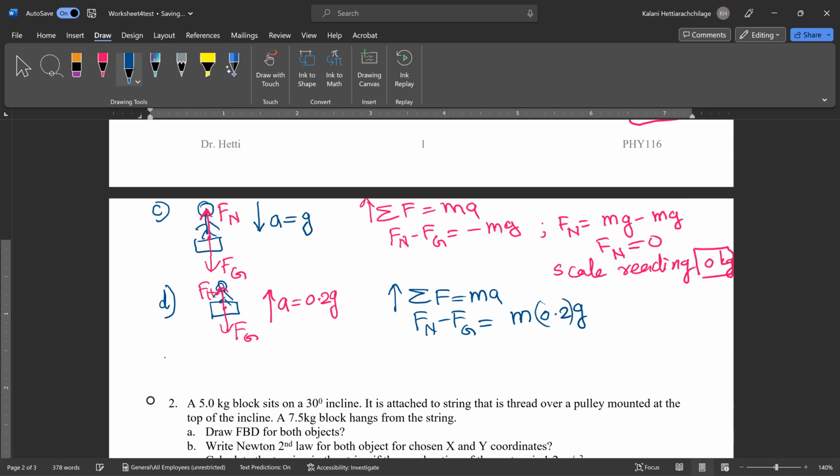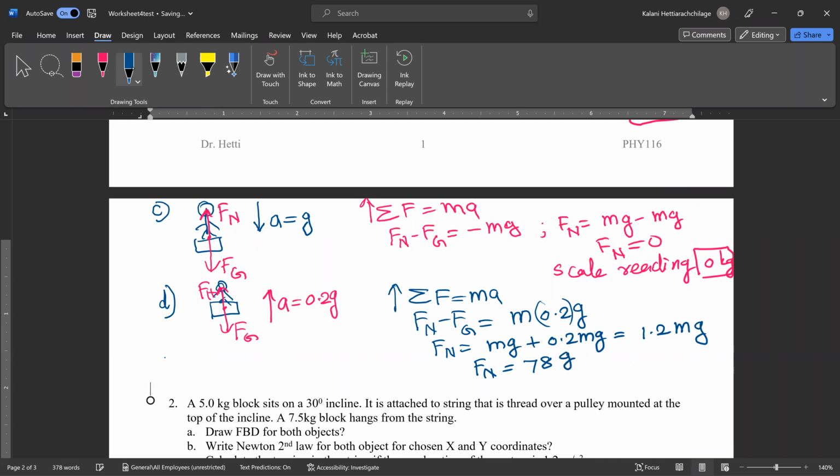So now we're going to calculate the normal force, adding mg to both sides. This will be equal to 1.2 mg. So the normal force equals 1.2 times m. m is 65, and then you will get 78 g.